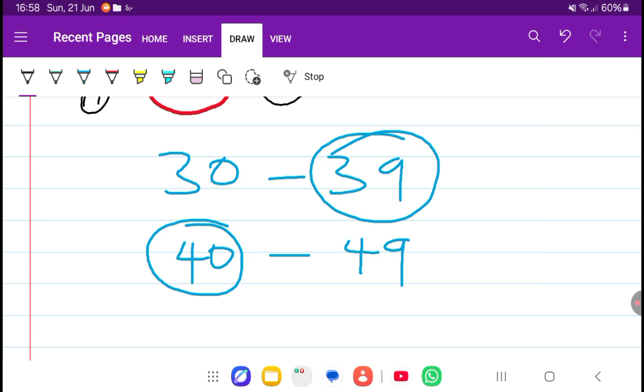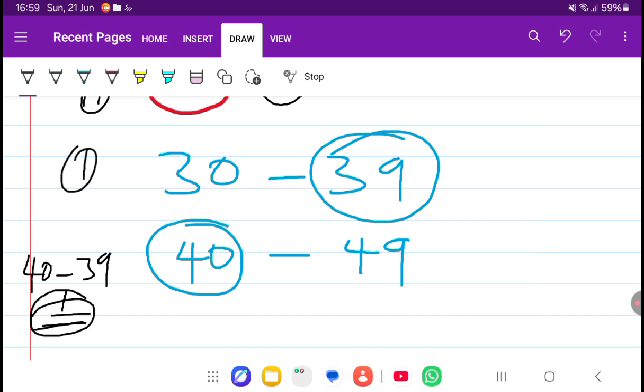From 39 to 40, there is a gap because it will be 40 minus 39, which gives you a 1. There is a gap of one value. Now, if we want to remove this gap of 1, what we do, since it is occurring between class 1 and class 2, is we get the average.